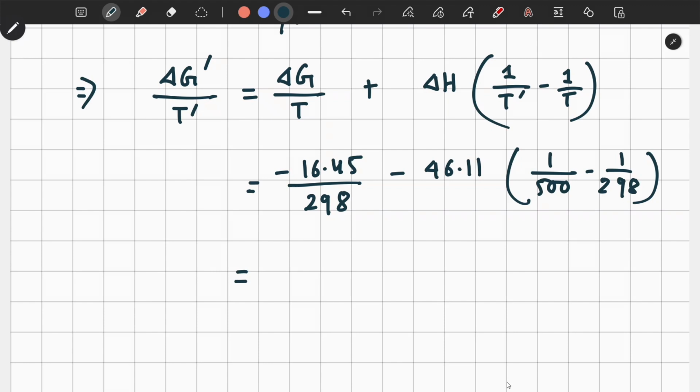First one is minus 0.0552, and this one is minus 0.0955.